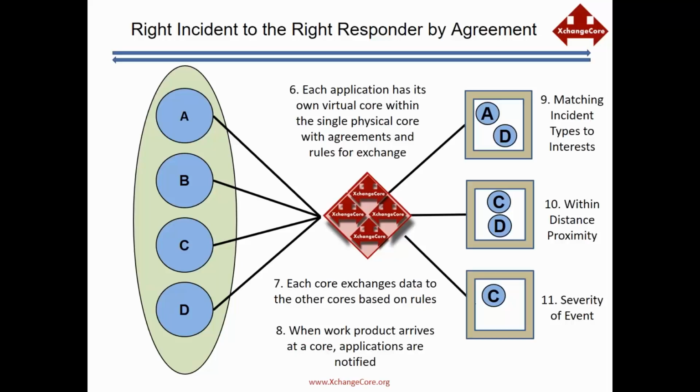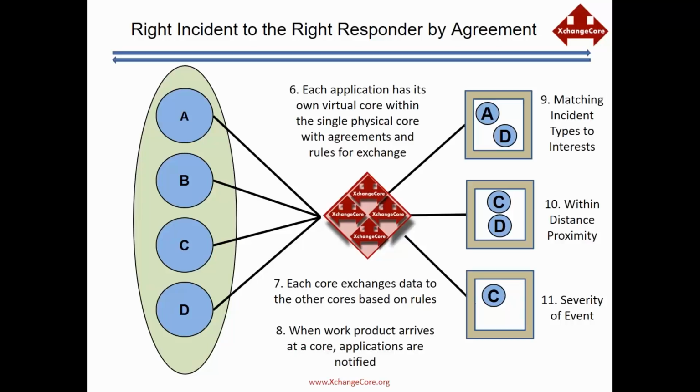So number 7 says each core is then going to exchange information with the other cores based on those rules. The left-hand one can send something to the top, get something from the one in the middle, share back and forth with the one on the bottom, and if it's a different thing, it's not going to share it to number 2, it's going to share it to number 3, etc. So you can build those rules in a very, I'll call it, complex but easily done fashion.